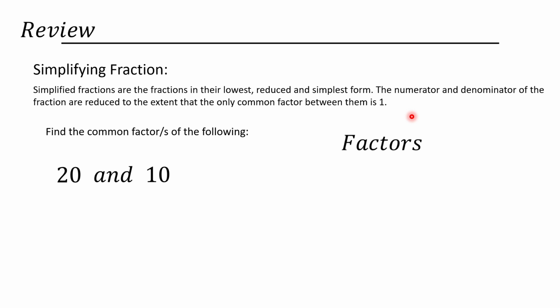So, let's write the factors. Sa 20, we have 1, 2, and 10. And sa 10, we have 1 and 10. Okay? So, if you notice, pwede din natin gawin ang 5 times 2. Okay? Pero, dito na tayo. Kasi, automatic, yung common factor ng dalawa is 10 and ito, 10.